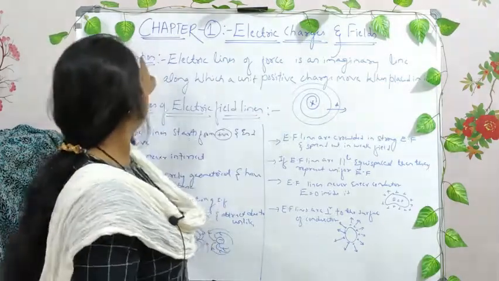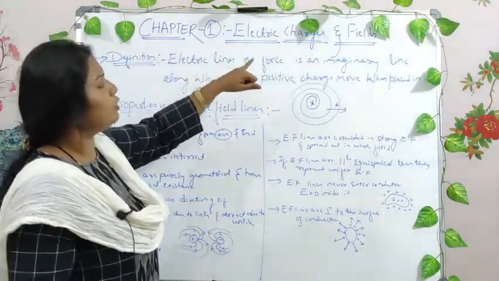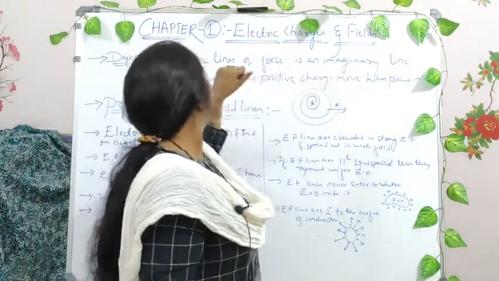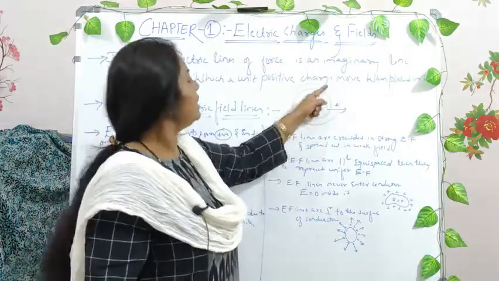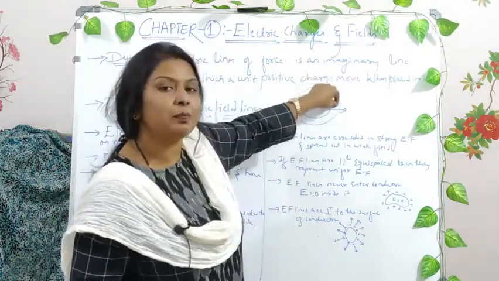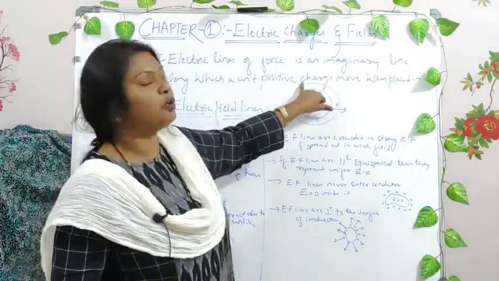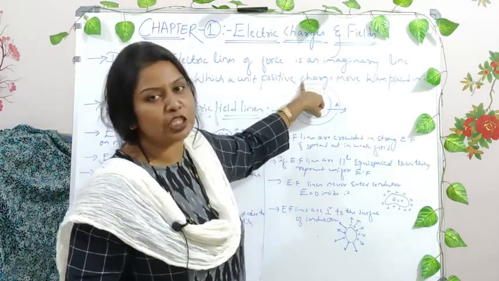Now the electric line of force is defined as an imaginary line along which a unit positive charge moves when placed in it, right? Why do we say unit positive charge? It is a test charge, right? A test charge will always be unit and positive in nature.